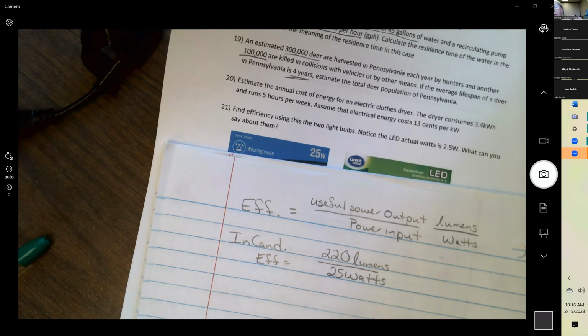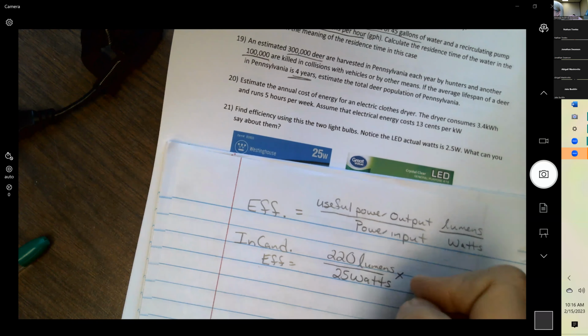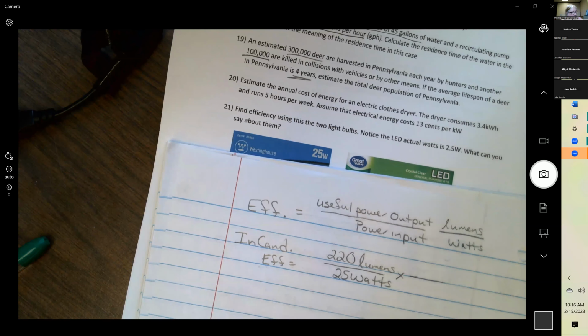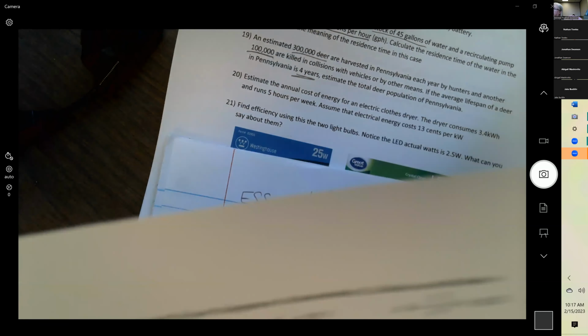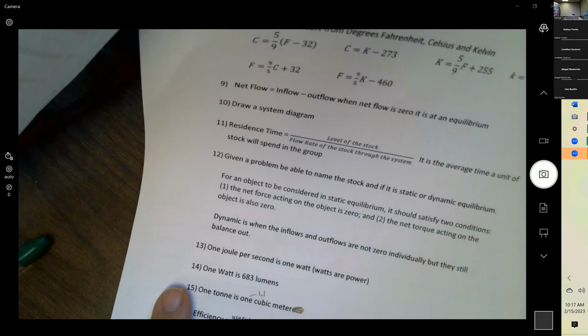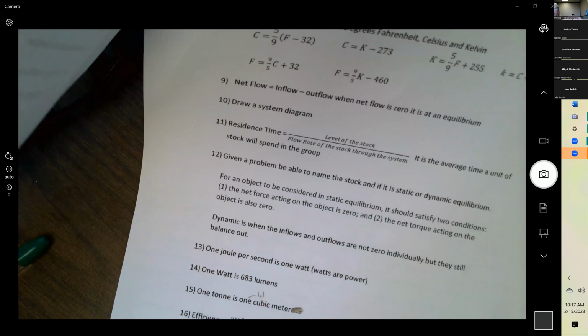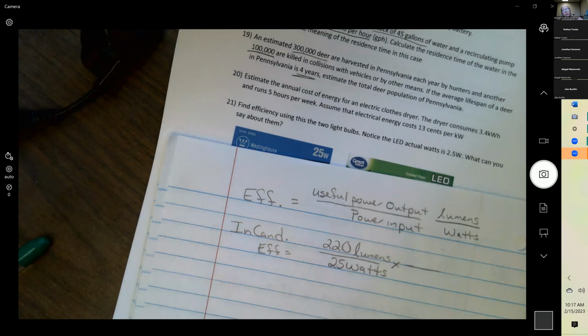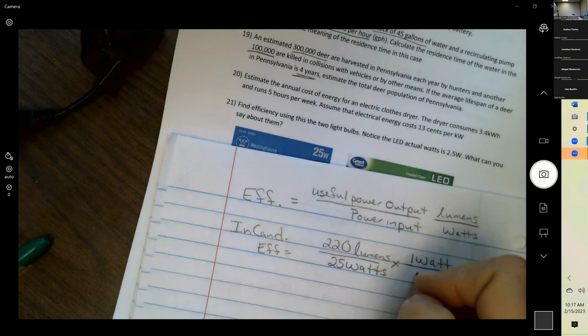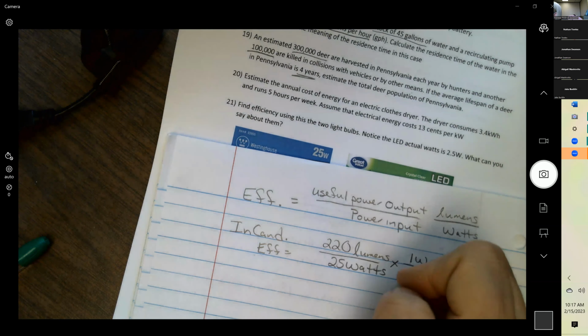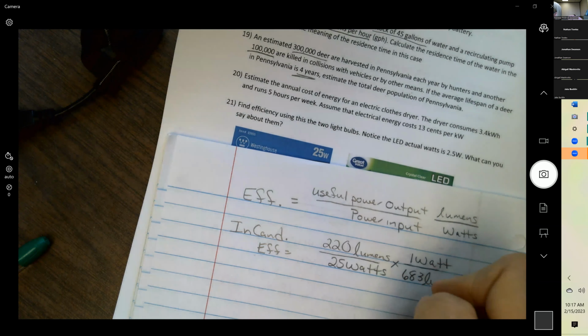Now to convert this, because we don't want lumens per watts, if you look on your formula sheet, it's right here, 1 watt is 683 lumens. Because efficiency should not have units.